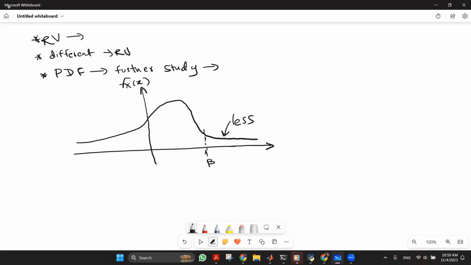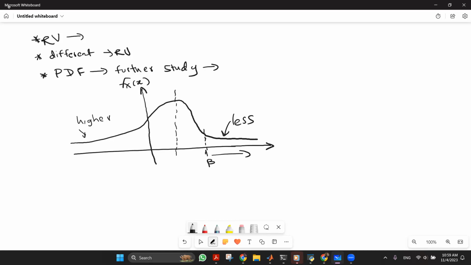The probability of this event occurring above this beta value is kind of less. And when you consider this side, it is kind of higher than the right side, not that much, but it has some probability higher than the right-hand side.